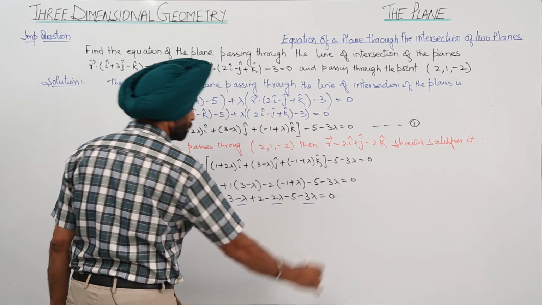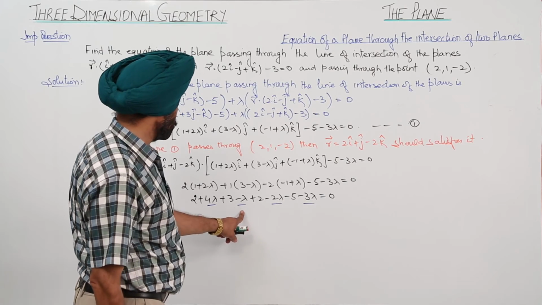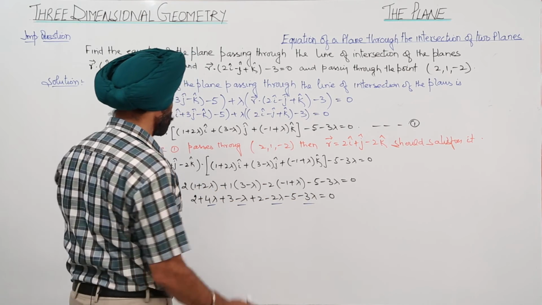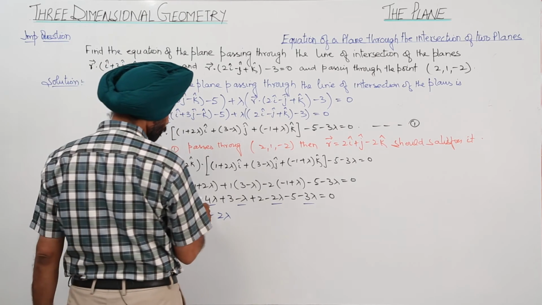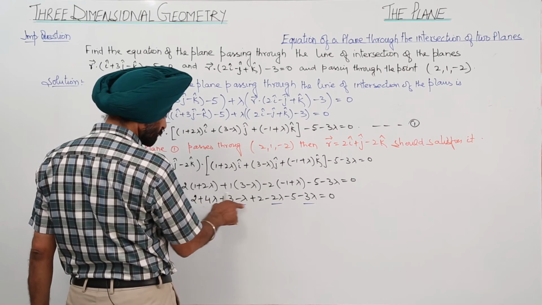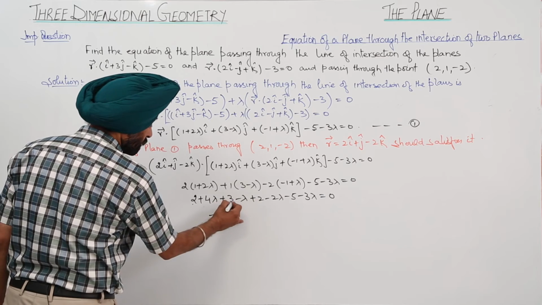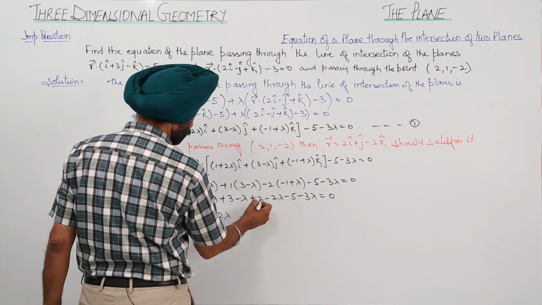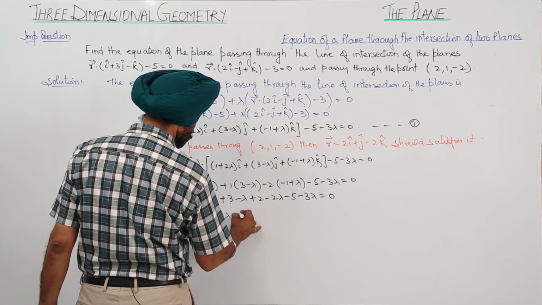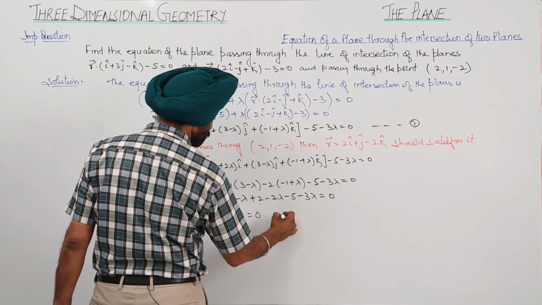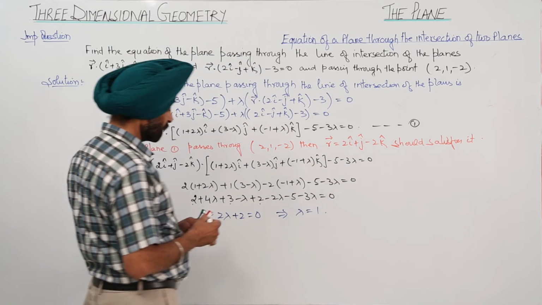We are having 4 different terms. Combining the lambda terms, 4 lambda - lambda - 2 lambda - 3 lambda is minus 2 lambda. The constants: 2 and 3 is 5, 5 and 2 is 7, 7 minus 5 is 2, so 2 - 2 lambda is equal to 0, and this implies lambda is equal to 1.